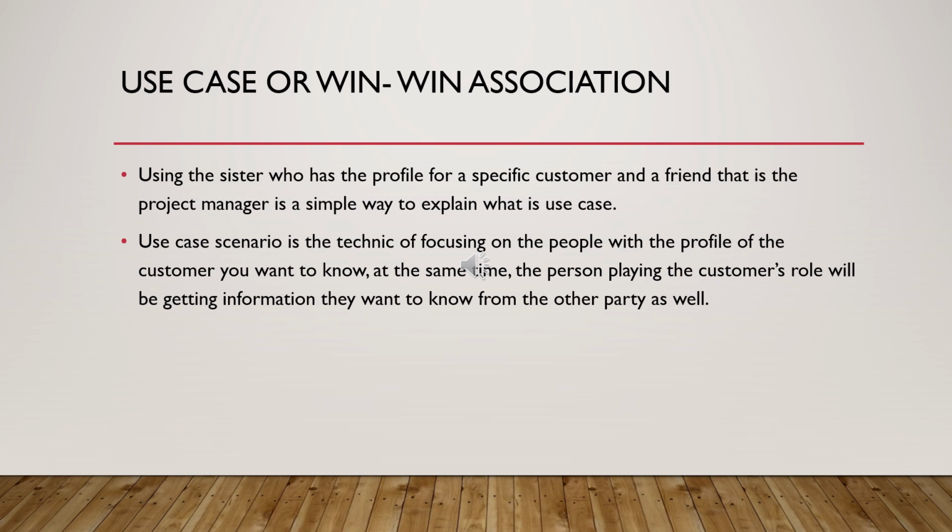She is trying to be involved in the project, but she doesn't know how to do it. So that will be one opportunity for her to talk to a manager, and the manager will be talking to the customer. So this is presented as a win-win association, because while the manager will be getting information from the customer, the sister or the customer will be getting information from the manager, and this saves a lot of time on both parties.